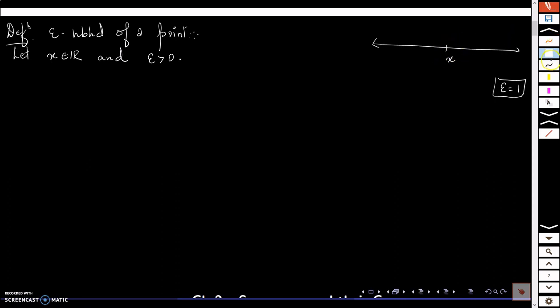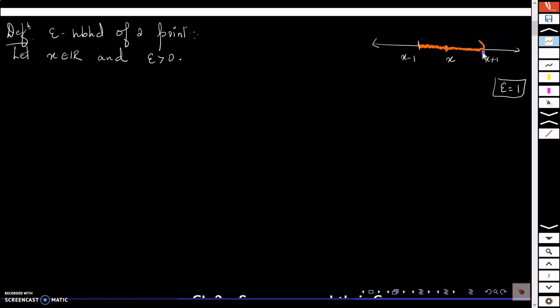From x I have to travel 1 unit to my right, so somewhere I will come to the point x plus 1 here, and on the left-hand side I have to travel 1 unit, so somewhere I will come to a point x minus 1. So this is x minus 1 and this is x plus 1, right?